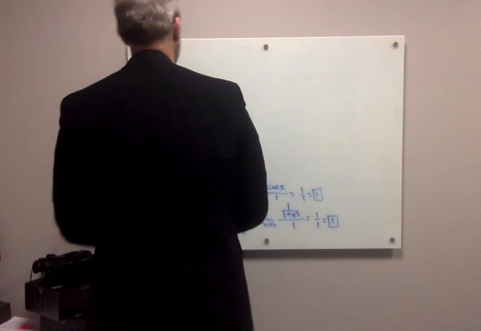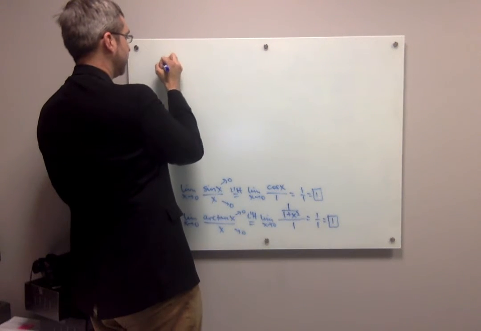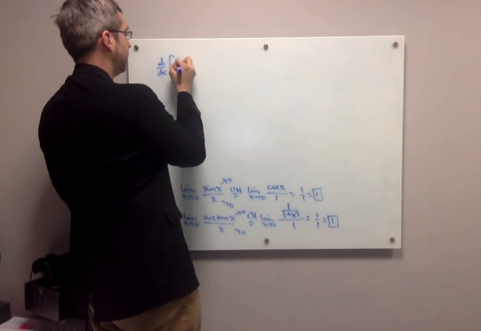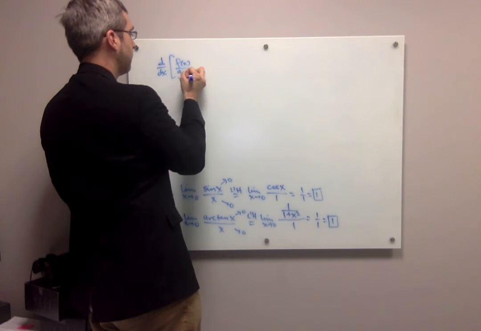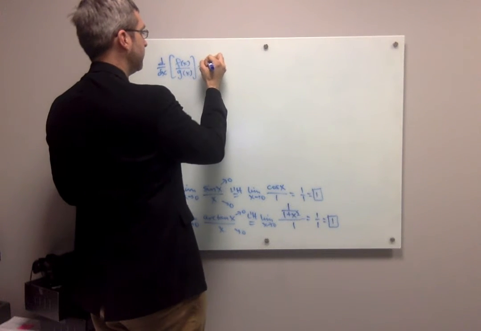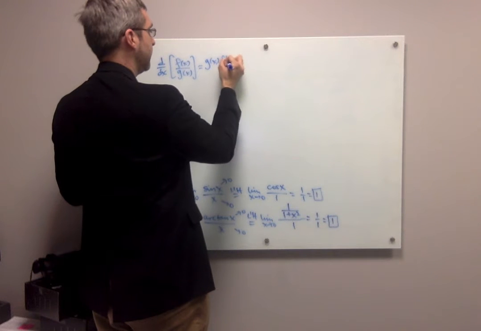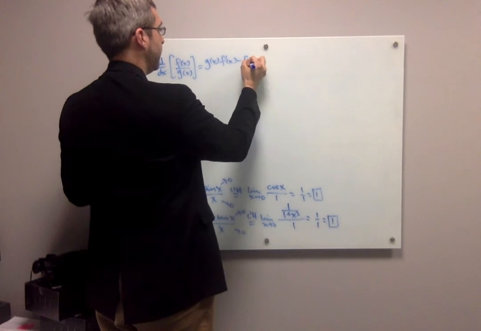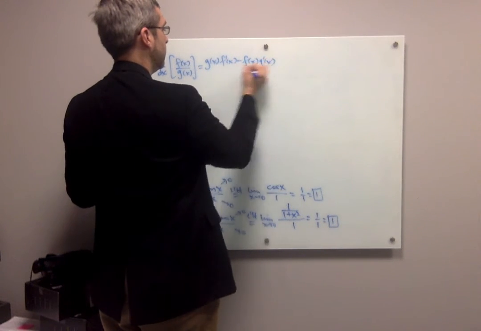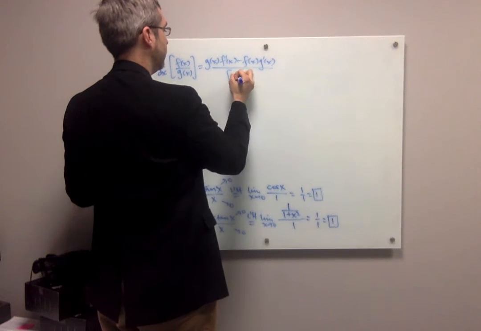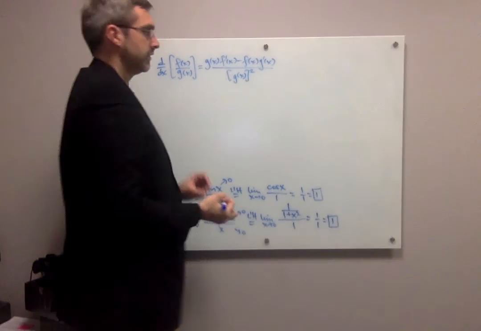Let me write down the quotient rule for a second. The quotient rule says that the derivative of f over g is low d high minus high d low over the square of the bottom, and there you go, right? That's the quotient rule.